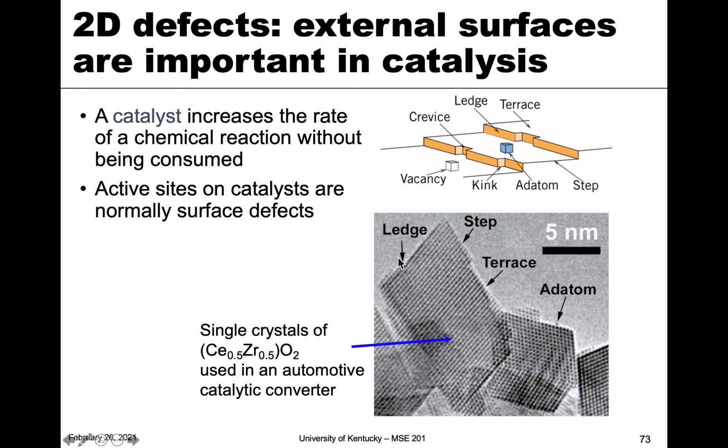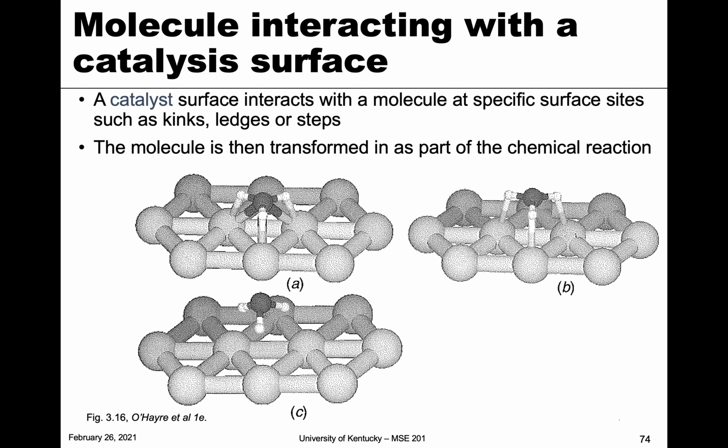So basically what happens is you adsorb gas molecules, for example, onto a surface, they interact with each other and react and form products, and then are removed from the surface, or desorbed. I bring that up because catalysis is all about these surface defects and the surface of a material. So here's an example of a molecule interacting with a catalyst surface.